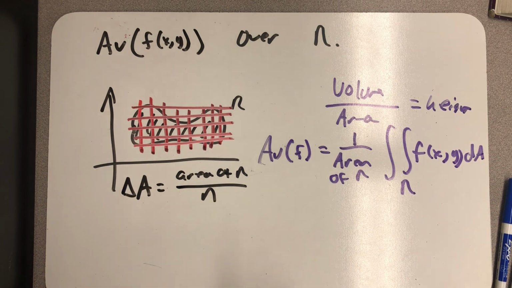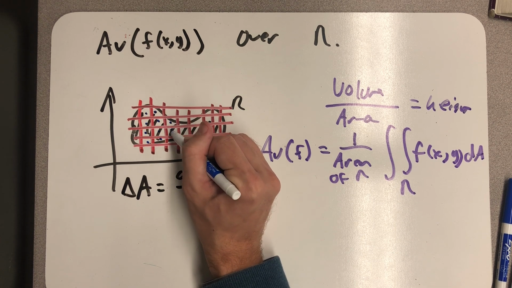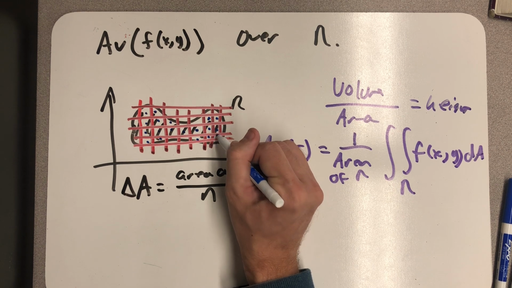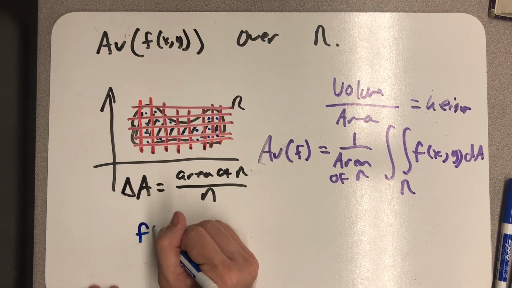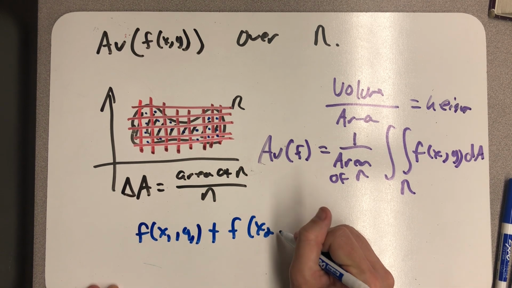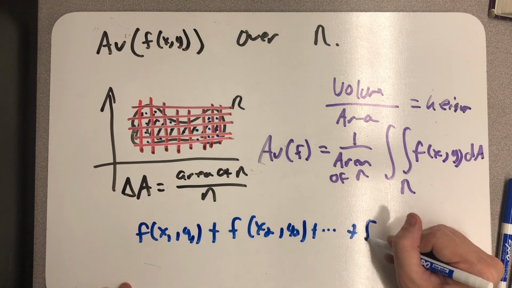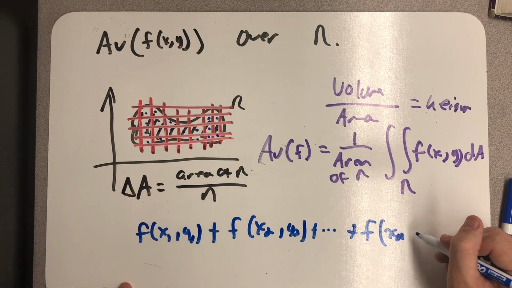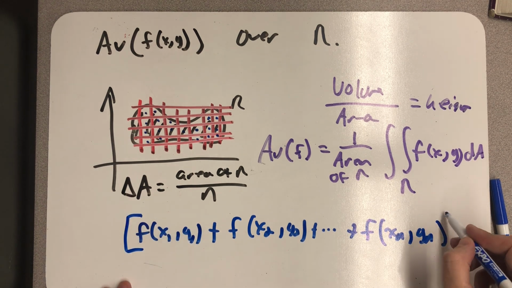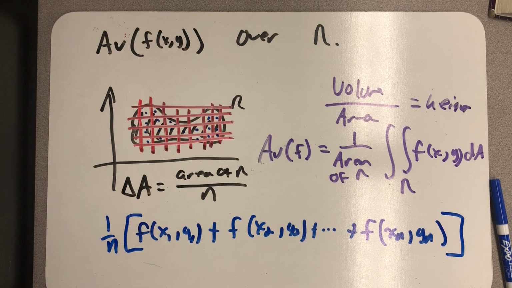Then in each one, I pick a sample point, doesn't matter which one, and I compute a whole bunch of z values. So I have an f of x1, y1, plus an f of x2, y2, plus dot dot dot, plus f of xn, yn, and then I divide by n. Well, I think you see what's going to happen next.